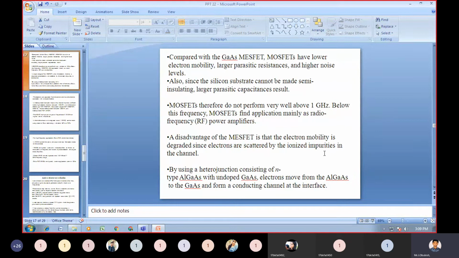A disadvantage of the MESFET is that the electron mobility is degraded since electrons are scattered by the ionized impurities in the channel.